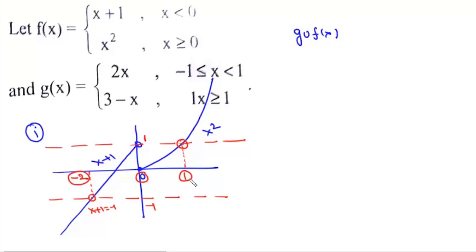Now when x lies between -1 and +1, the definition of g(x) is 2x, and when x is greater than or equal to 1, this definition is 3 minus x. Now we'll start writing g of f(x).